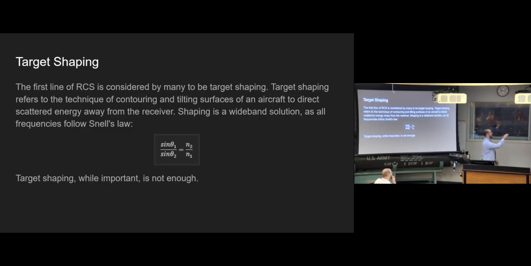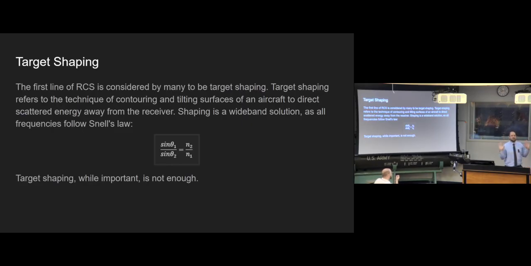But even so, we're going to go real quick into, again, Snell's law. Very simple. But an important thing to note: shaping is a wideband solution. What does that mean? It is independent of frequency. We mentioned that there are things that are dependent on frequency. Shaping is not, because shaping is simply optics.